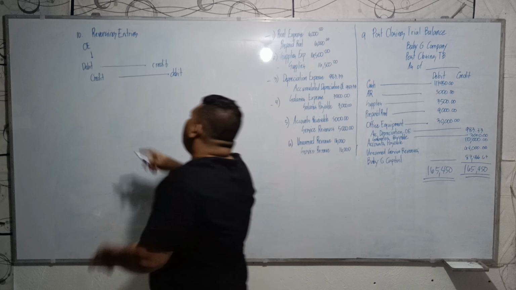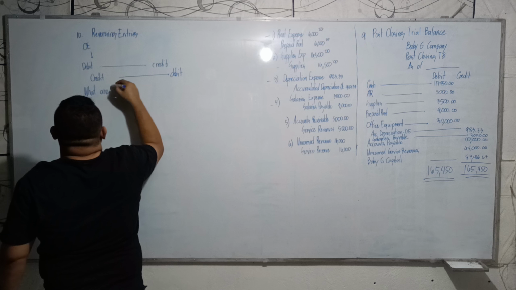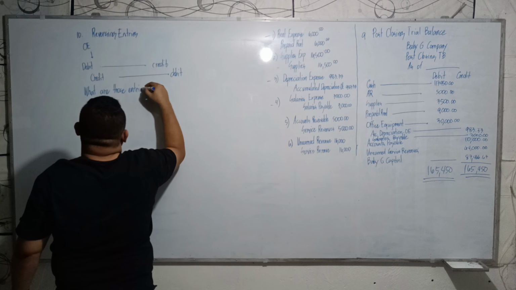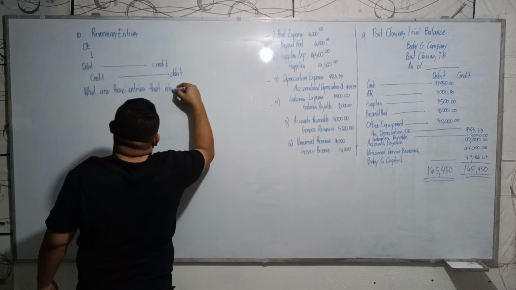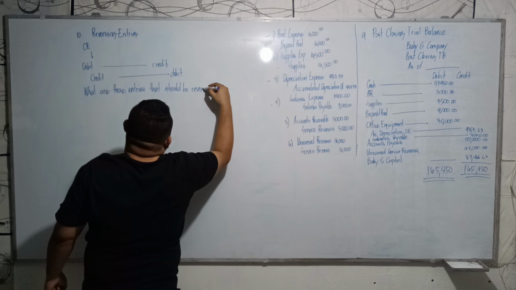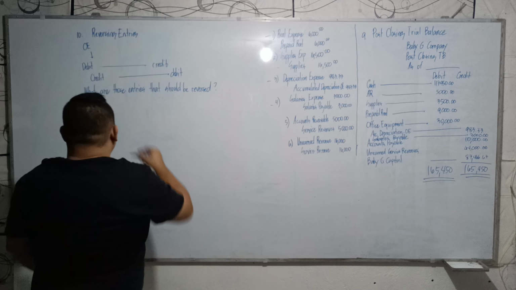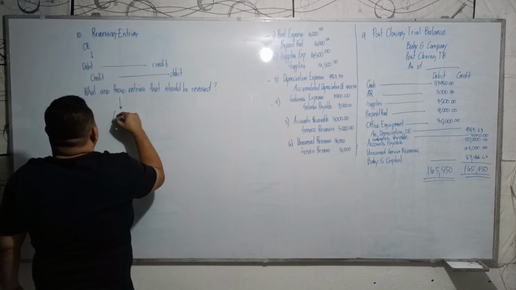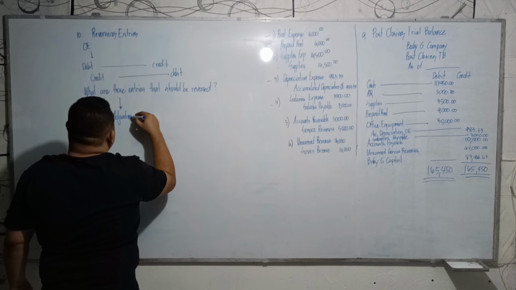The question is, what are those entries that should be reversed? There are only four entries. The first one, I'd like to tell you, are adjusting entries.